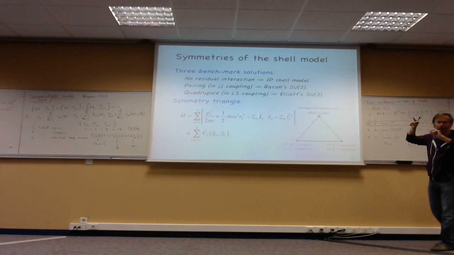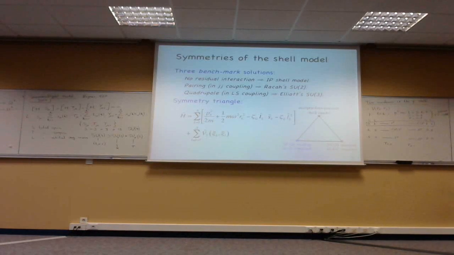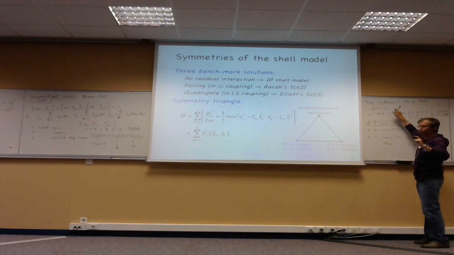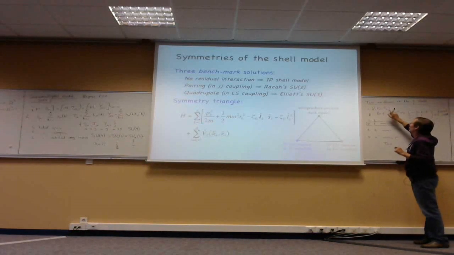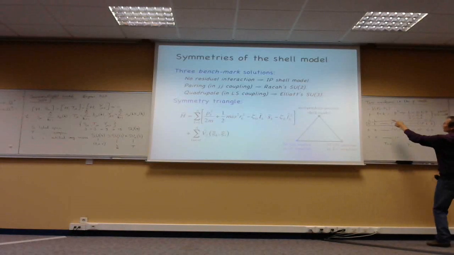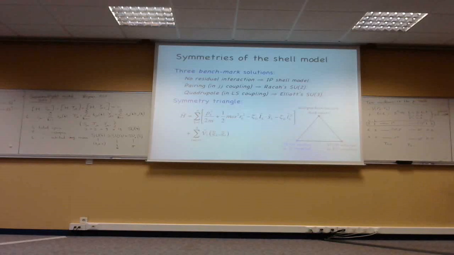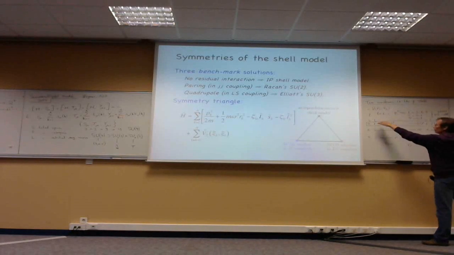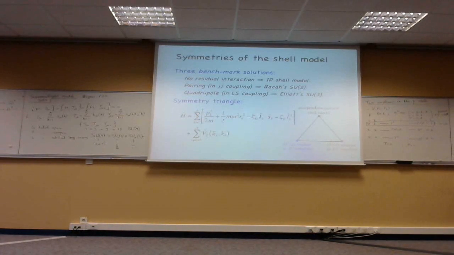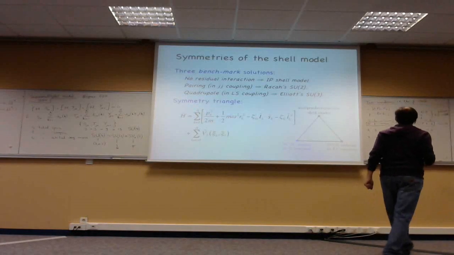This is the argument Rick explained two weeks ago. Rick explained that the interaction in a state which is spatially antisymmetric is 0. So without doing any calculation, I know that this is 0. These levels are at 0 energy. And actually this afternoon we will prove that this is the case.